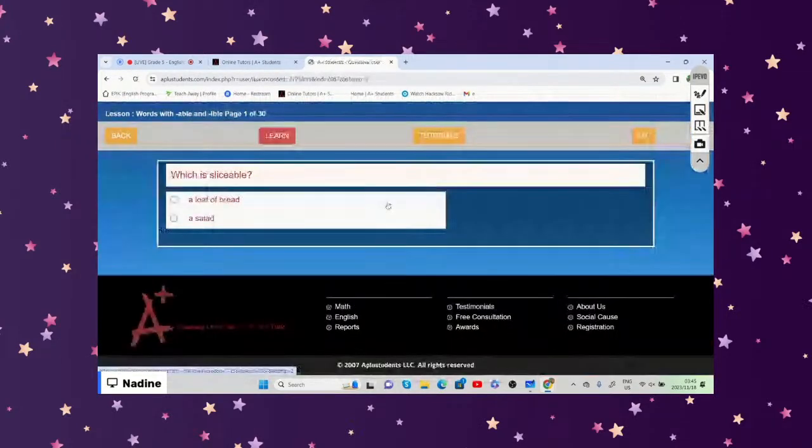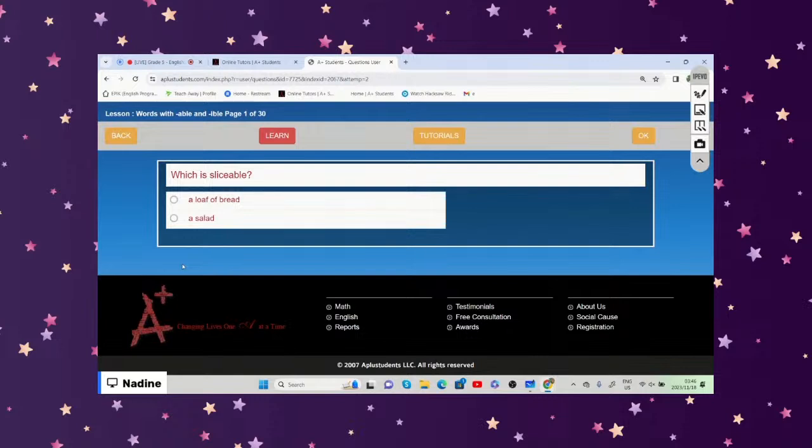All right, now we're going to our test. Which is sliceable? Is it a loaf of bread, which we have the ability to slice, or a salad we have the ability to slice? Which one is sliceable?